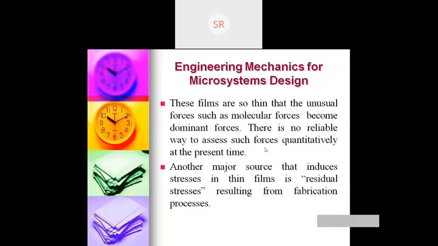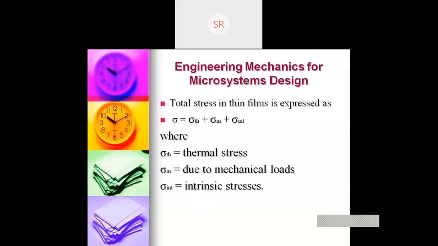Because of this, there is no reliable way to assess such force quantitatively. In order to calculate the total stress, we take into consideration the thermal stress, the stress due to mechanical load, and the stress due to intrinsic property, or the intrinsic stress. So this is about thin film mechanics.